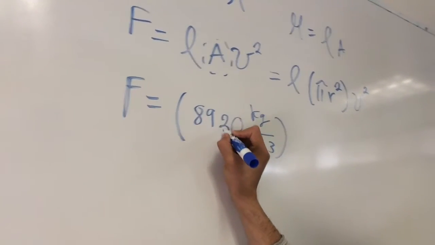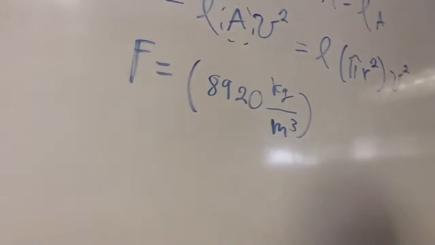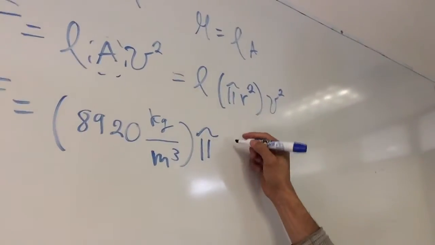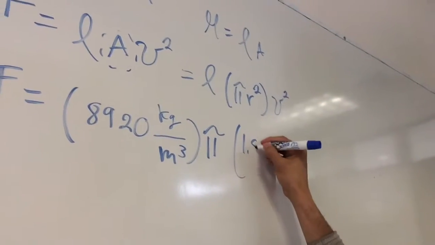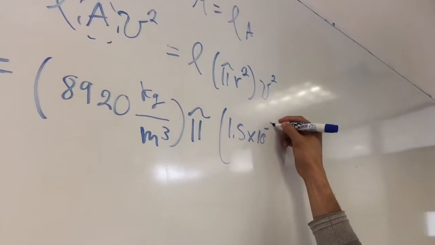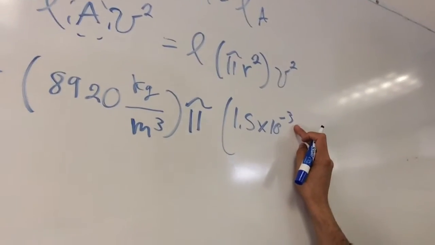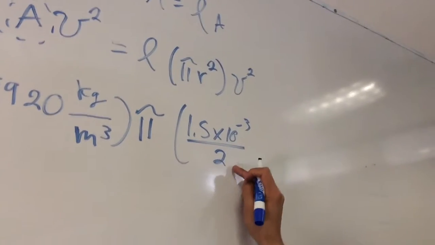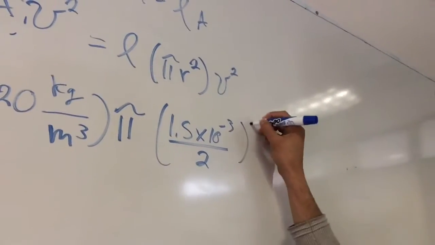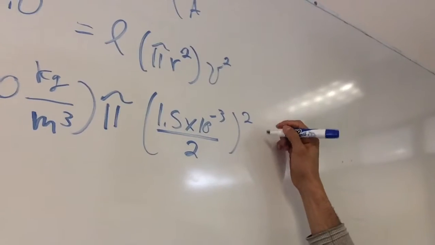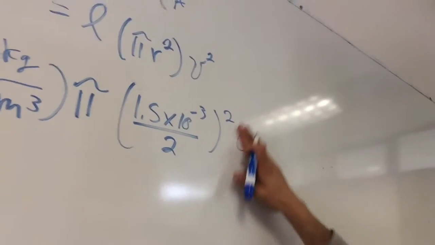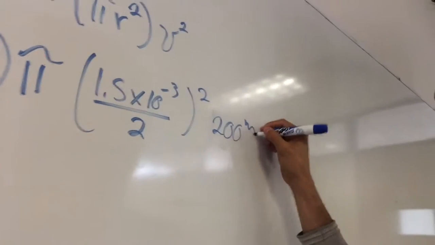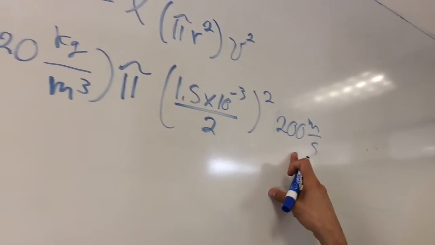This times pi times the radius squared, but we know the diameter is 1.5 times 10 to the minus 3. For obtaining the radius, we divide it by 2, and this is squared. Times our velocity squared, and our velocity will be equal to 200 meters per second. This is given by the problem.